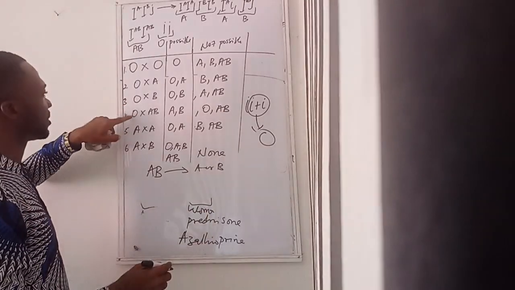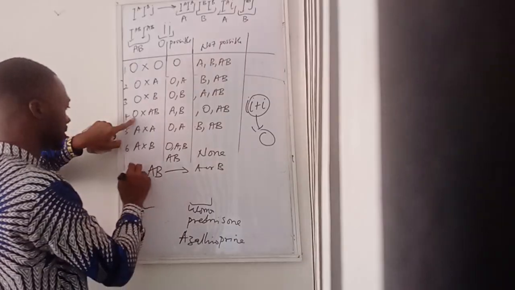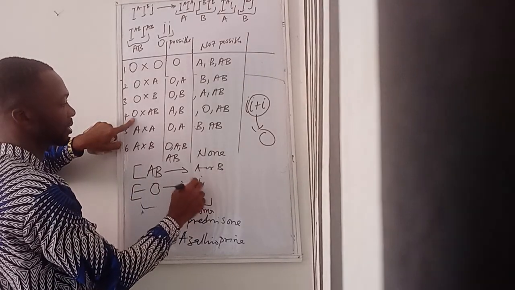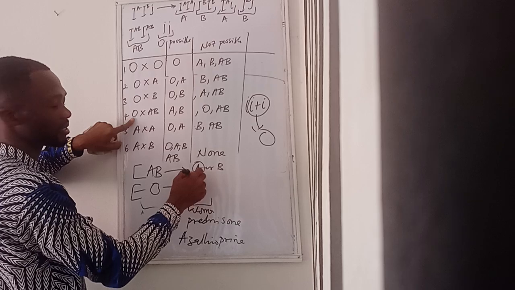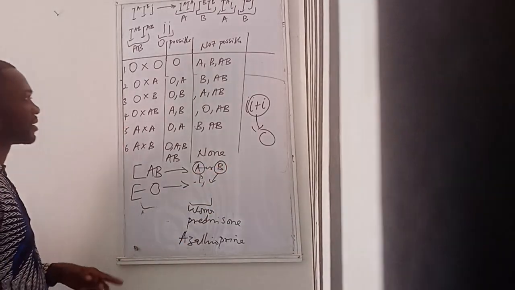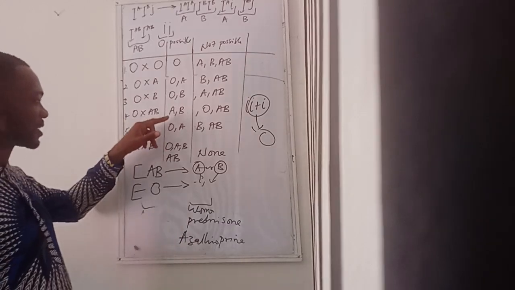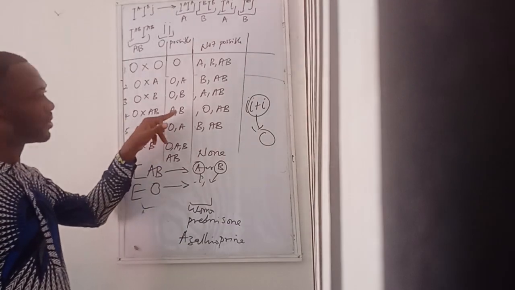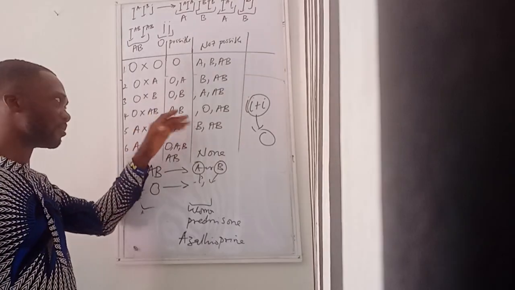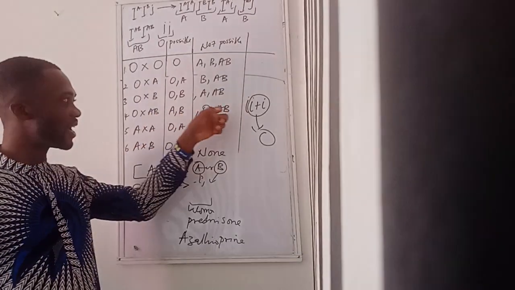And if the other parent donates the O allele, then A suppresses the expression of the i, or B suppresses the expression of the i. So at the end, the person can either have the A allele or the B allele. So the blood type can either be A or B. It can never be AB and it can never be O.